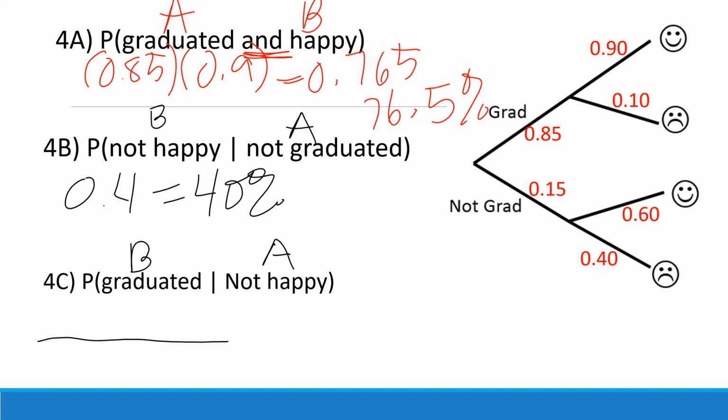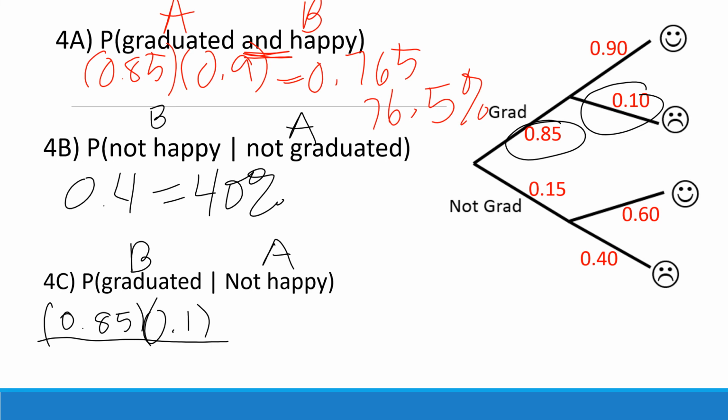So the people that graduated and the not happy with their job. On the top, we're going to have 0.85 times 0.1. On the bottom, we are doing the probability that they are not happy.